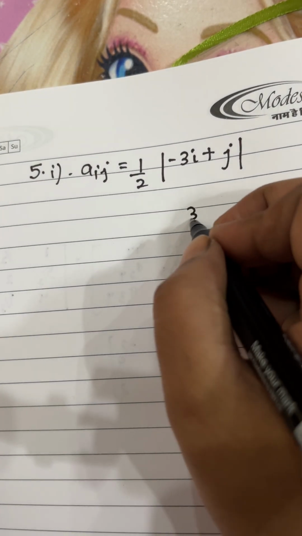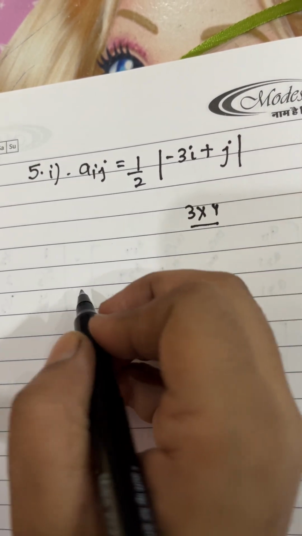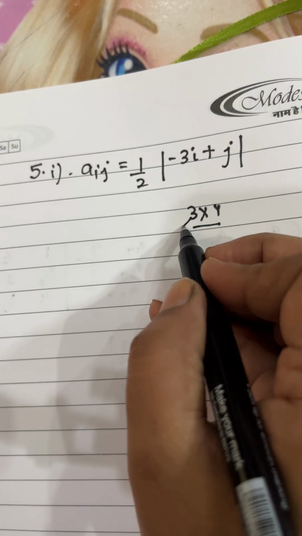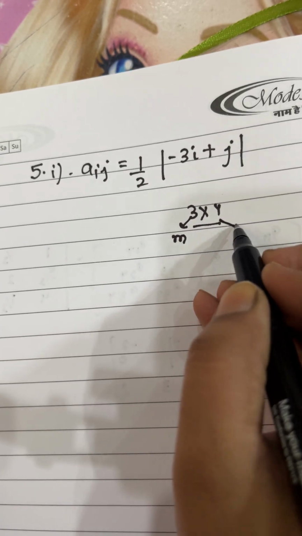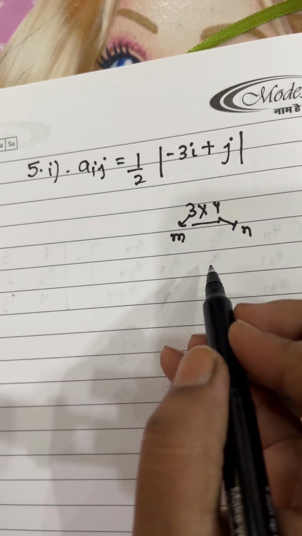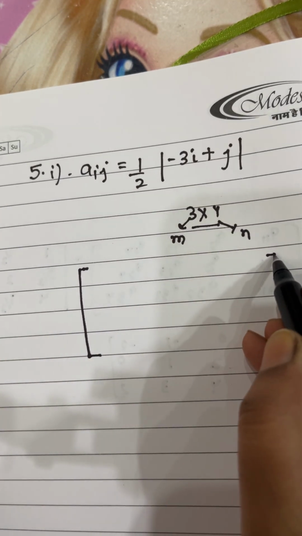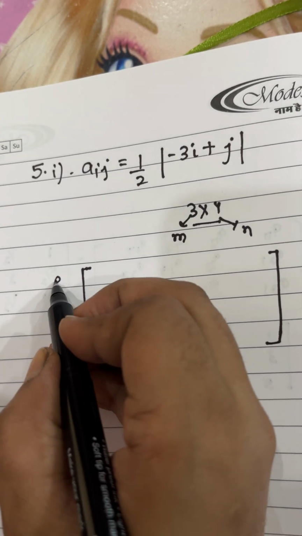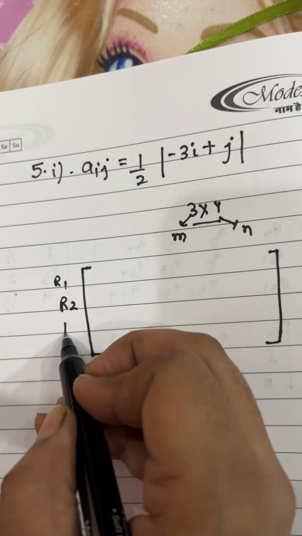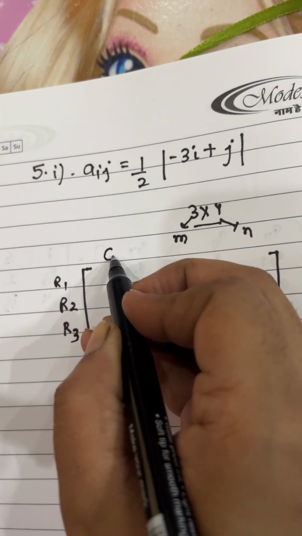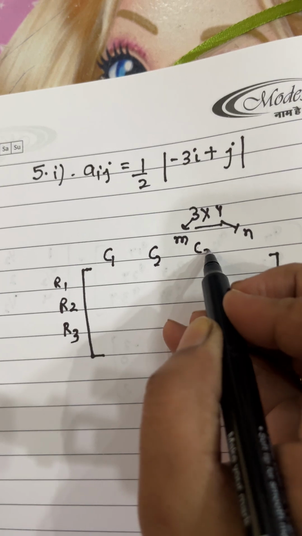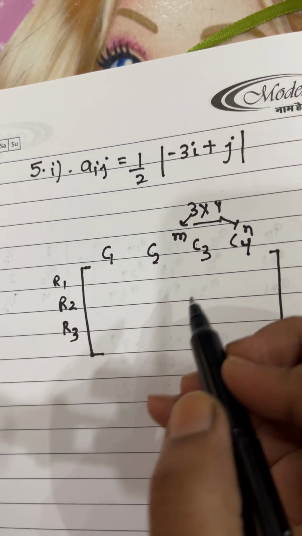a 3 cross 4 matrix. So it means it has 3 rows and 4 columns. Let us construct the 3 by 4 matrix. This is 3 rows and 4 columns: R1, R2, R3, C1, C2, C3 and C4.